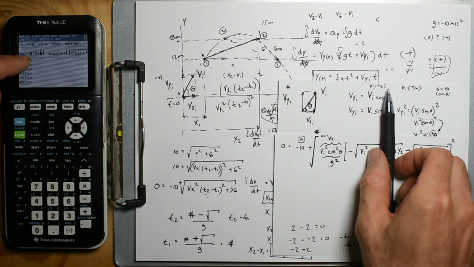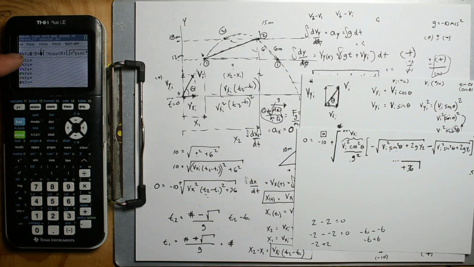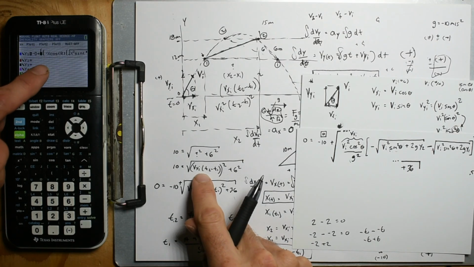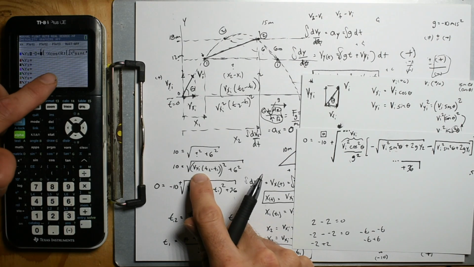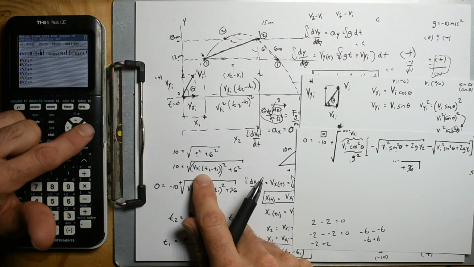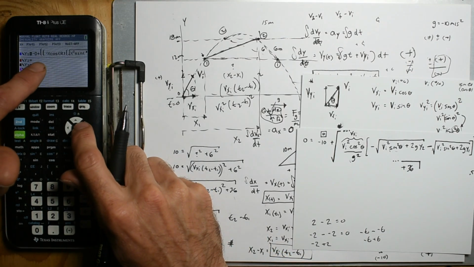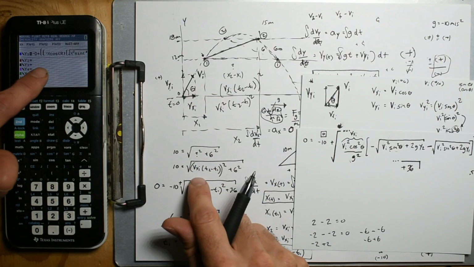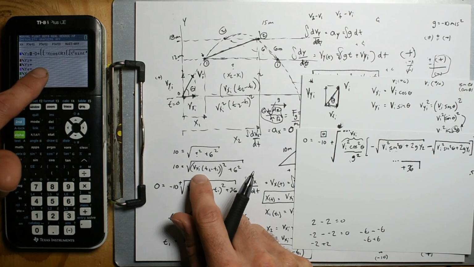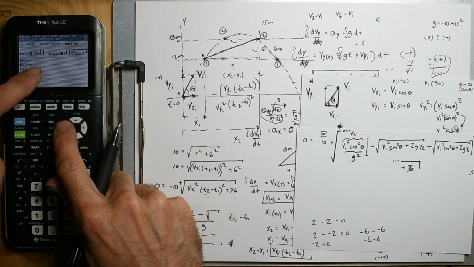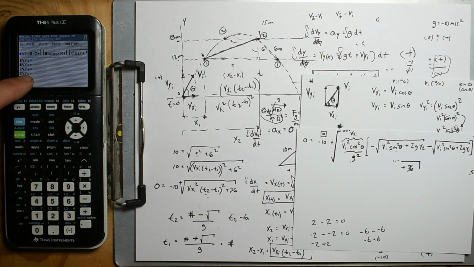On this side, I'm going to have this squared. So we have Vxi squared. Oh, I see, this parentheses has the squared on the other side. I just don't know if that negative should be there.